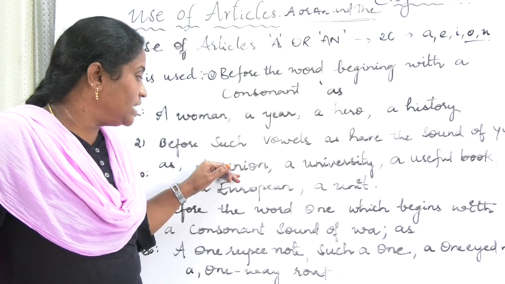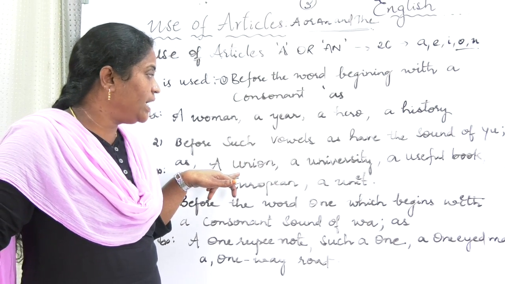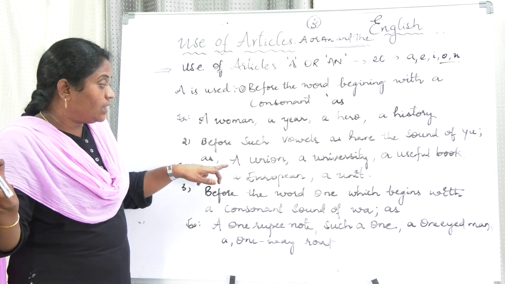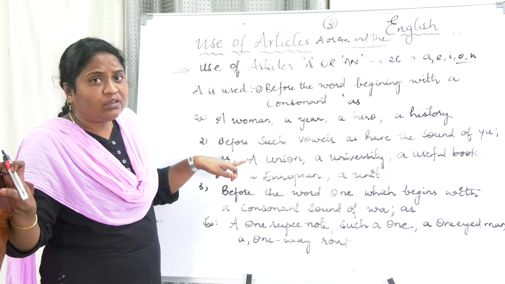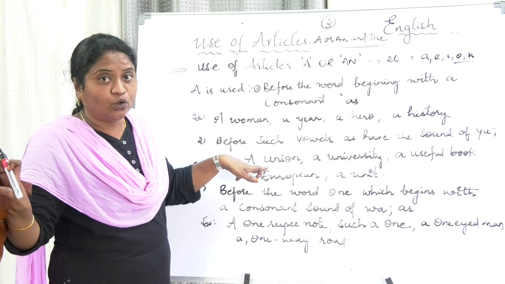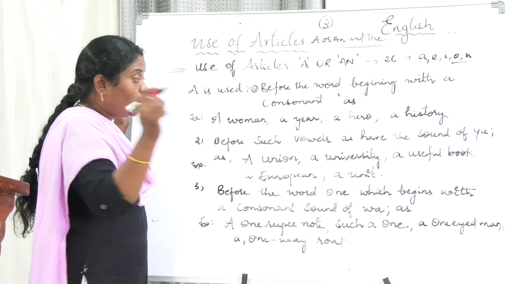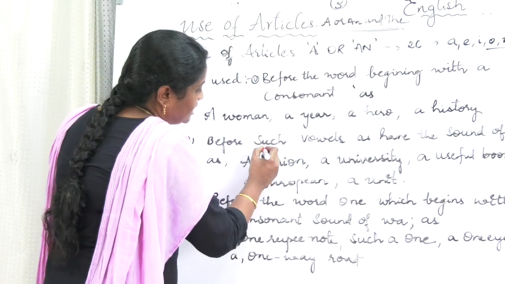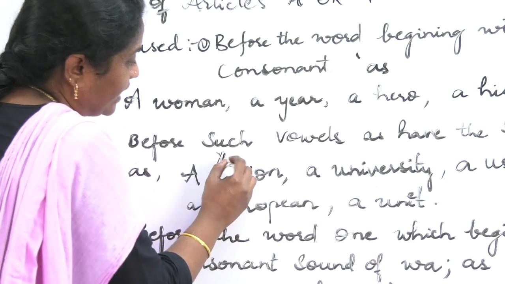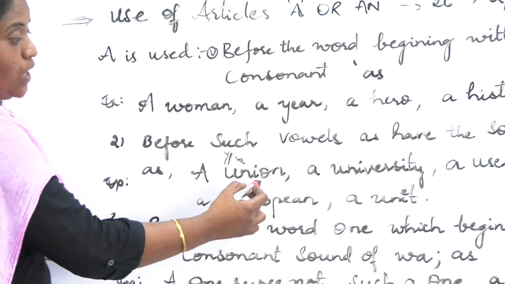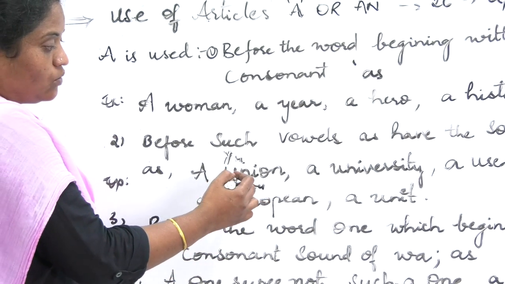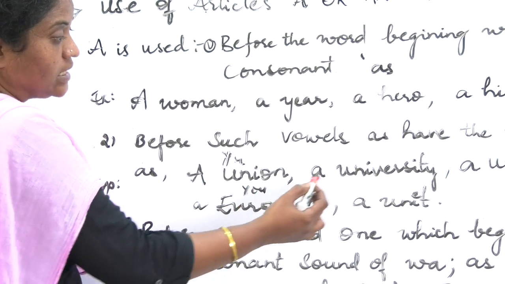Okay? So these words all begin with a vowel like U, but here we are using the article a. Why? Because though it begins with U, the sound is a Y sound. A union: here it is a Y sound, not a U sound.